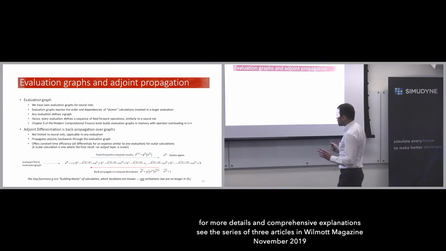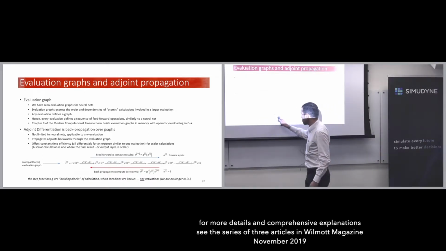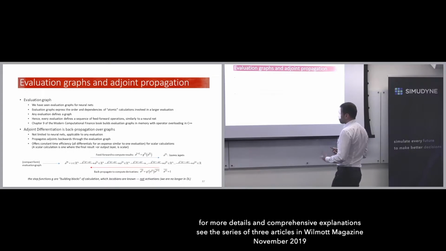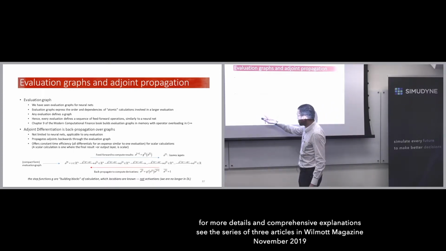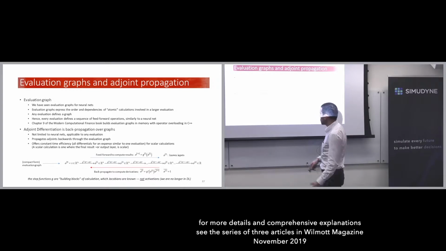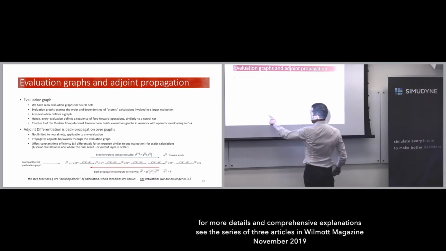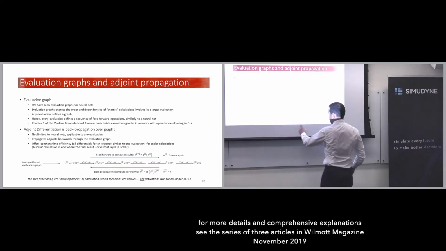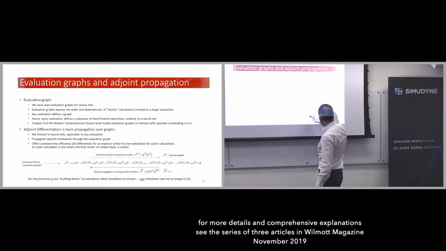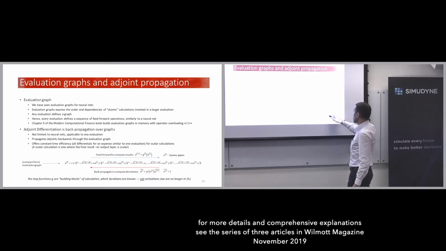So an evaluation graph in a compact form, we could say that you start with a vector of inputs, you do something with it, you get an intermediate vector, let's call it A1, you do something else with it, you get another intermediate vector, A2, and so on and so forth. So you apply a sequence of vector-to-vector functions, which here I call g, to finally obtain a final result, which I call A_L in the final layer.